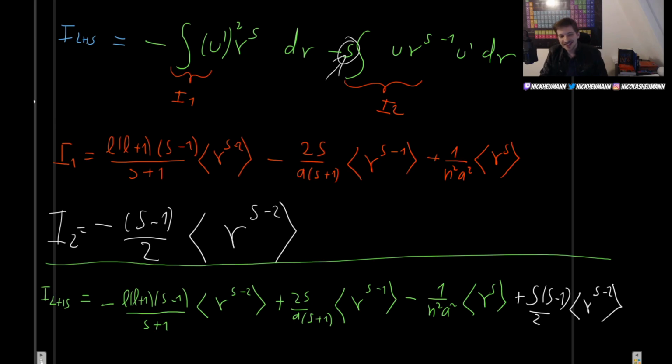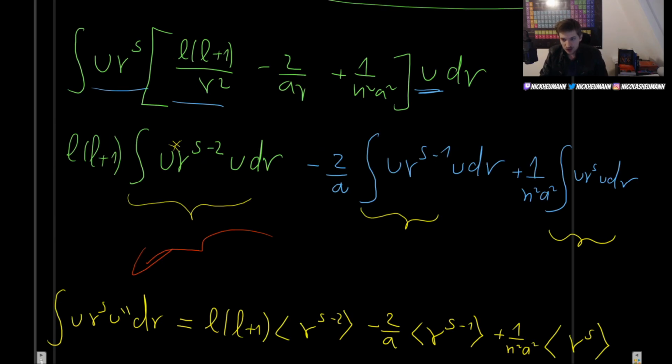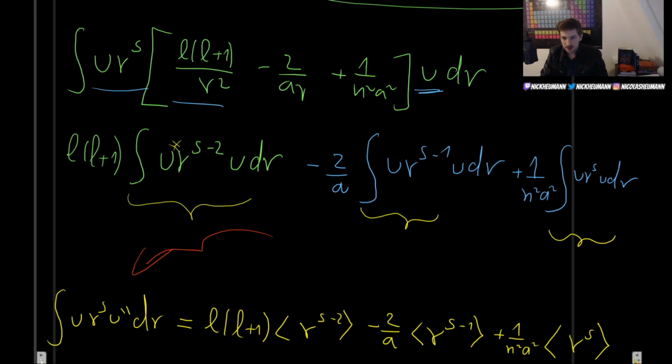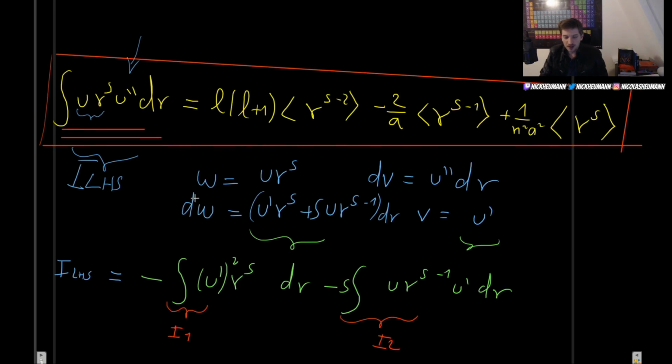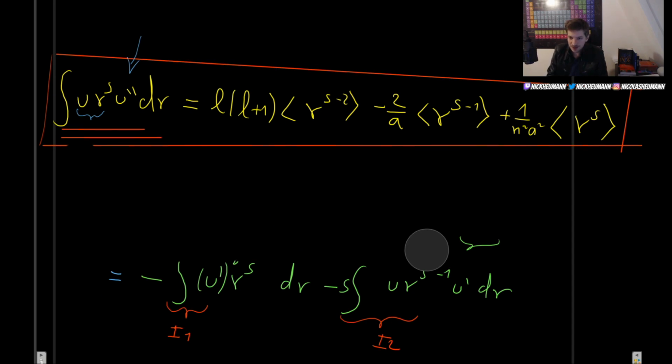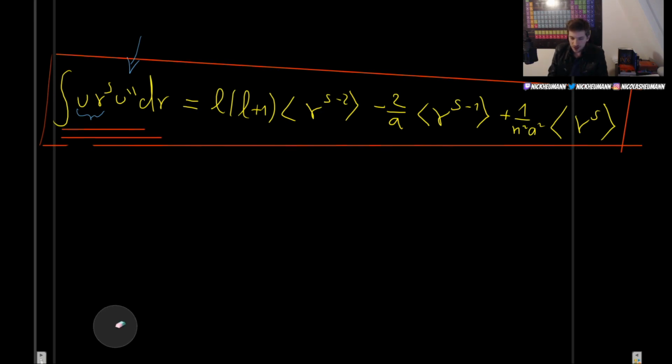Well, where did this go originally? Let's go back and find out. I'll be honest, I'm not sure where I put it. Where did we define it? There it is. So ILHS, maybe let me get rid of this so I can use this space. ILHS was precisely the left-hand side of our original expression. At the very beginning of the problem, we found this expression by simply plugging u prime prime into this integral, and then we went ahead and integrated this by parts.